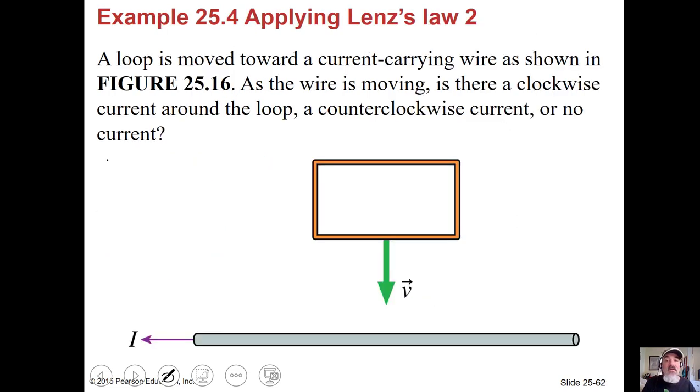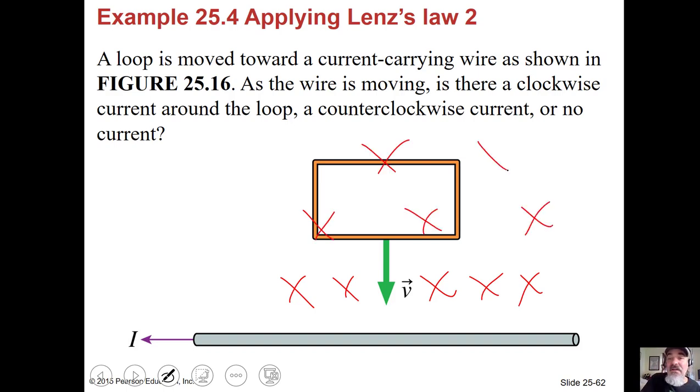Okay, so what happens here actually? Example. A loop is moving towards a current wire as shown. As the loop is moving, is there a clockwise current around the loop, counterclockwise, or no current? So as this drops, remember this current is flowing to the left. It has a magnetic field. And then I'm going to have as many here. And then I'm even going to have less here.